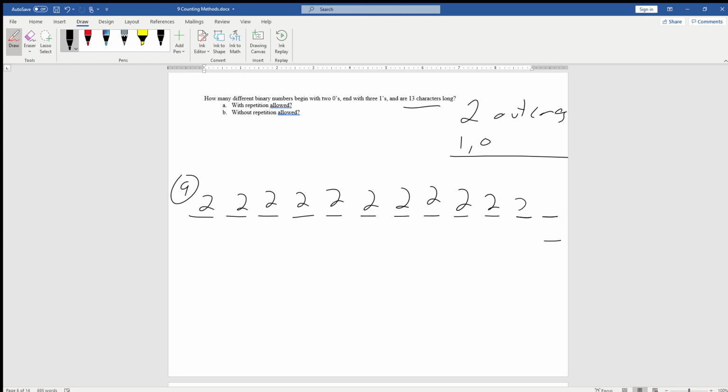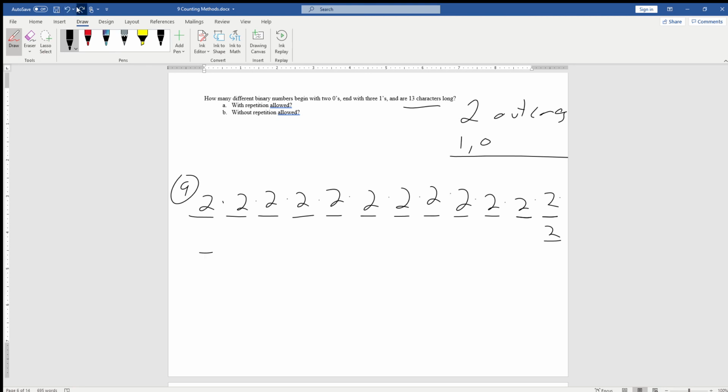Now this could be tedious, especially if we had many more than just 2. For instance, if we were doing hexadecimal, it might be a little bit tougher. An easier way to write this would be 2 to the 13th power.